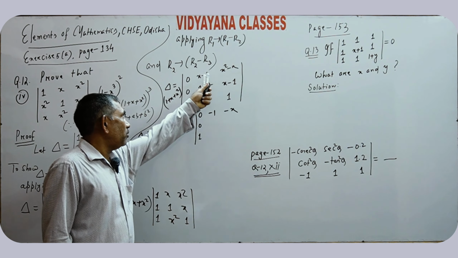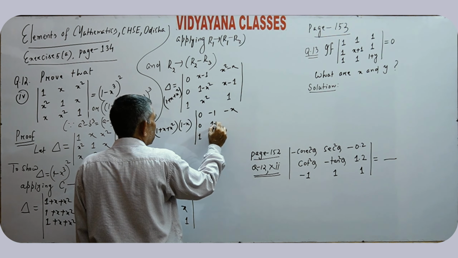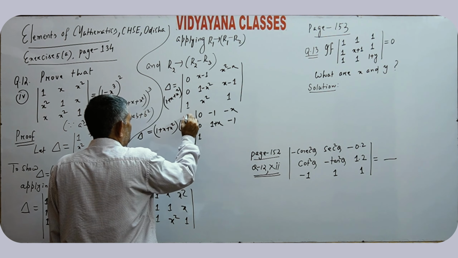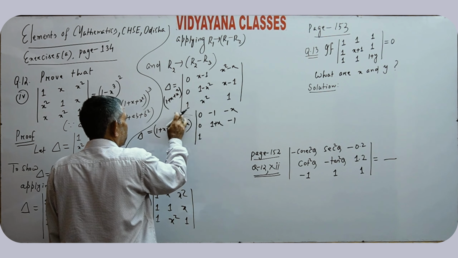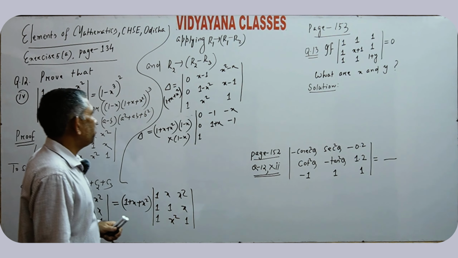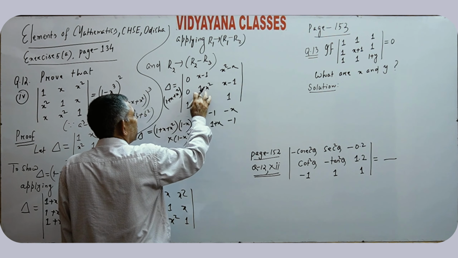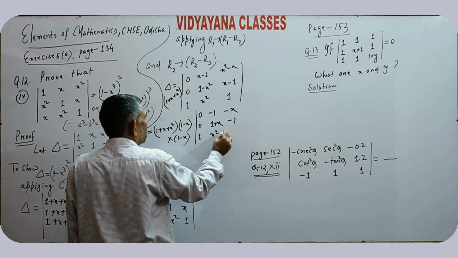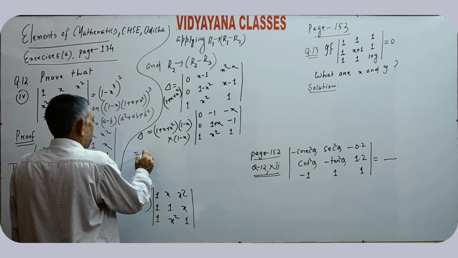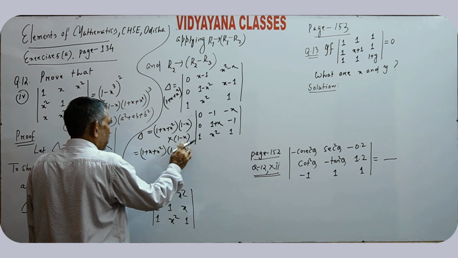Taking 1 minus x from row 1 and 1 minus x from row 2, it gives 1 plus x and it is minus 1. So 1 minus x square. It is minus 1, it is minus x, it is 1 plus x, it is minus 1, 1 x square 1. Which is same as 1 plus x plus x square into 1 minus x whole square.